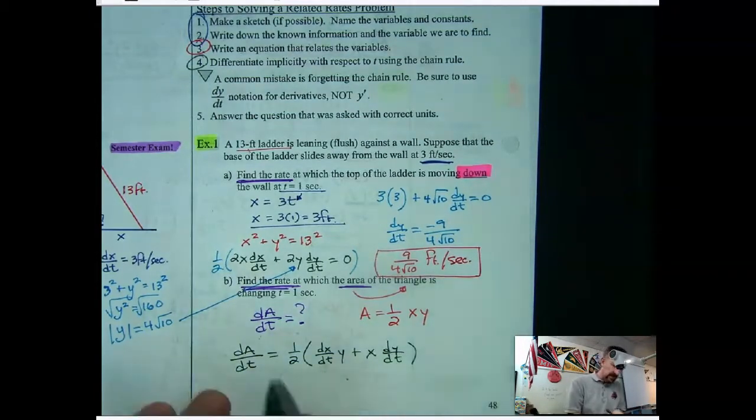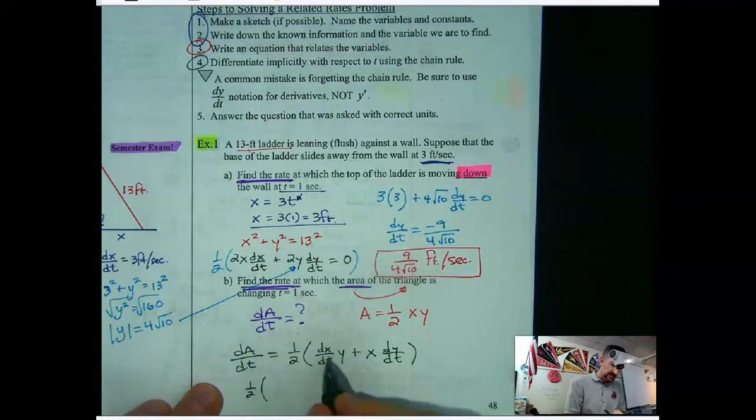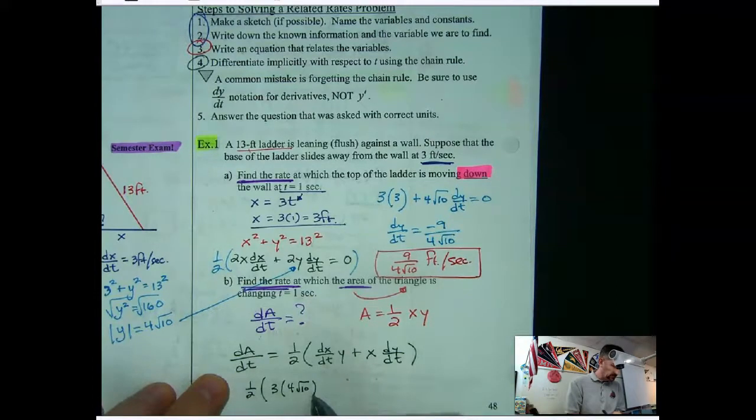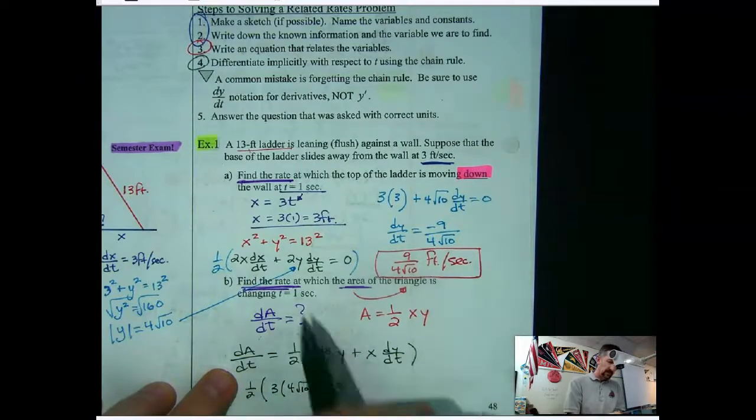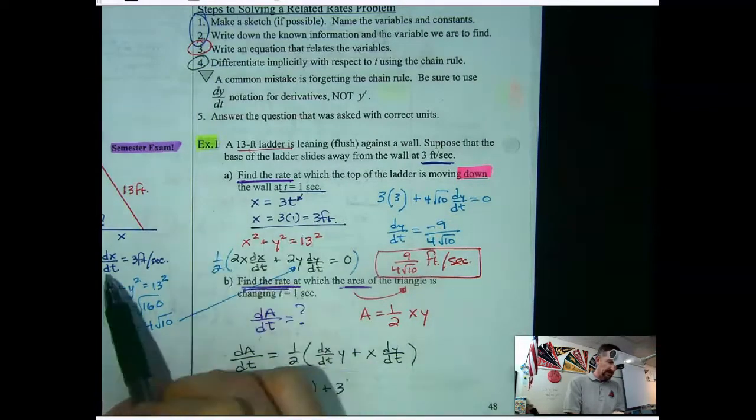All right, and we should have all that stuff up there in different places. So dx dt was 3, y was 4 root 10, x was 3, and dx dt was 3.